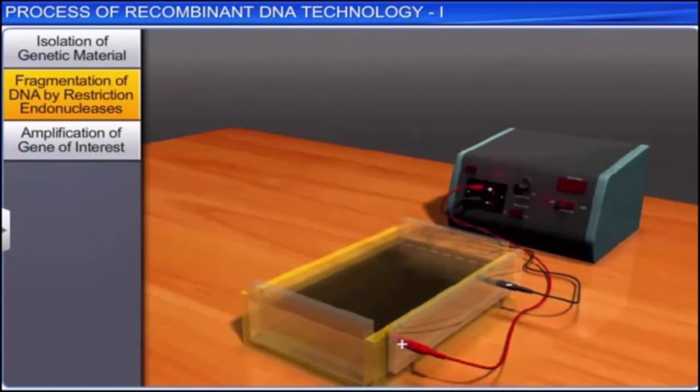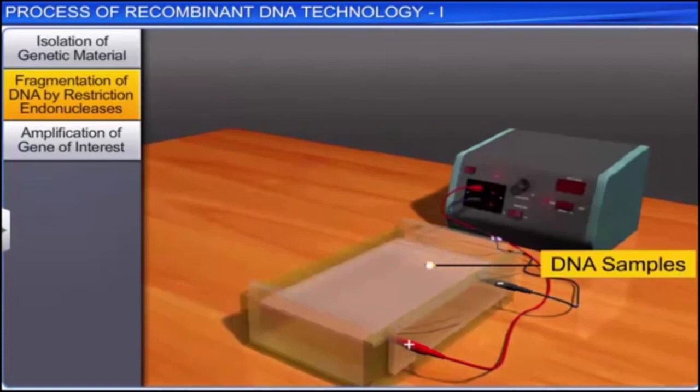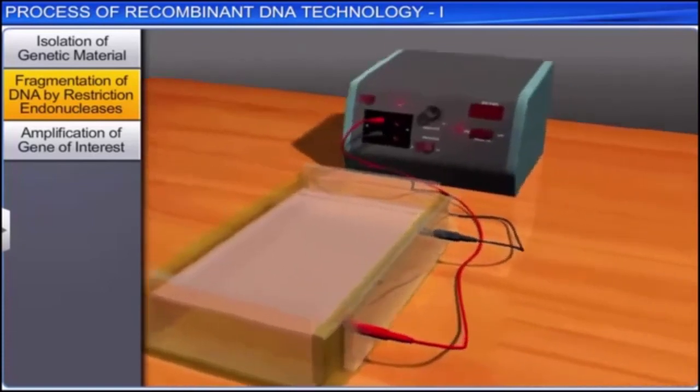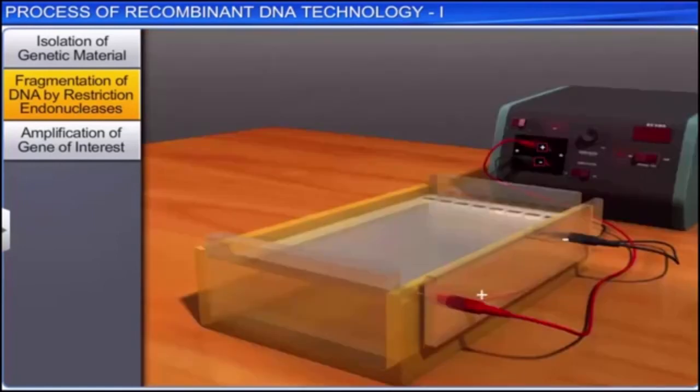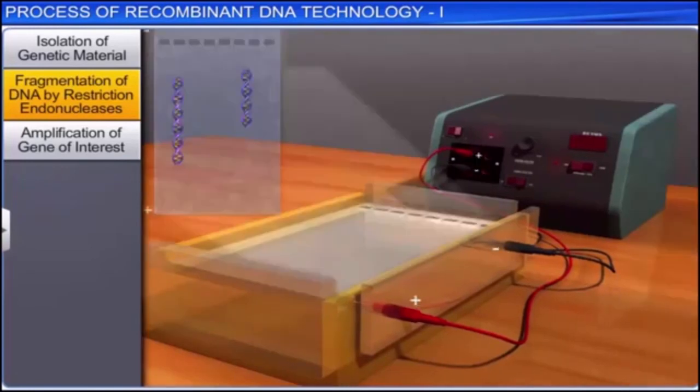DNA molecules are separated across a pan of gel motivated by an electrical current. Activated electrodes located at either end of the gel chamber produce an electric field. Since DNA is a negatively charged molecule, due to the presence of phosphate groups, it moves towards the positive pole.